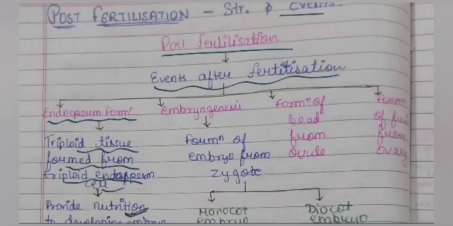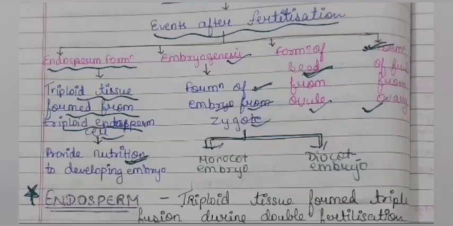Then embryogenesis, the formation of the embryo from the zygote, can be classified into monocot embryo or dicot embryo. After that, the seed is formed from the ovule, and the fruit is formed from the ovary. So a key point here is that endosperm is a triploid tissue formed by the process of triple fusion during double fertilization.